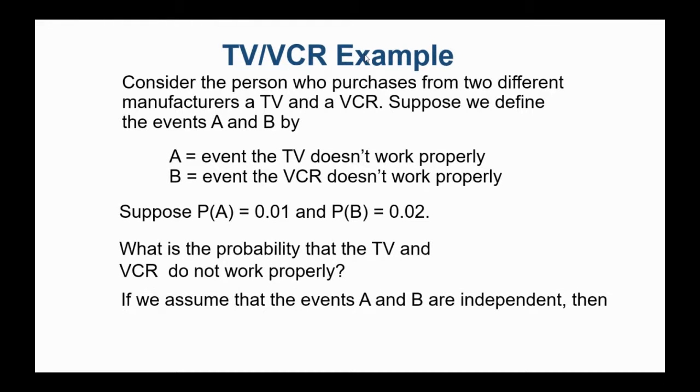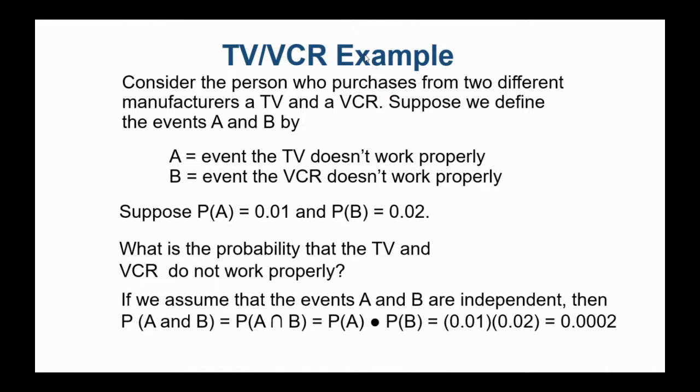So you would multiply 0.01 times 0.02. That's the full equation in all of its glory: P(A intersect B) equals 0.01 times 0.02.